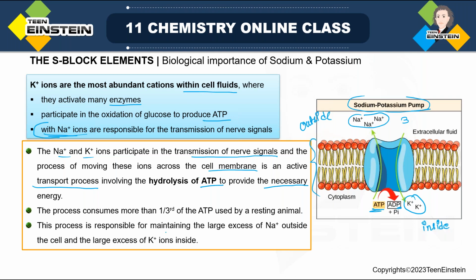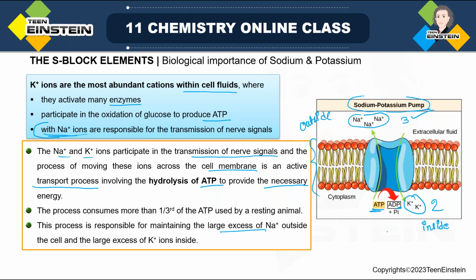This process is responsible for maintaining a large excess of Na plus that should always be present outside the cell. As you can see here, it is mentioned 3, but here it is only 2. Excess of Na plus outside the cell should be there for proper maintenance of all the biological phenomena, and a large excess of K plus should be inside. Okay, so these should be maintained.